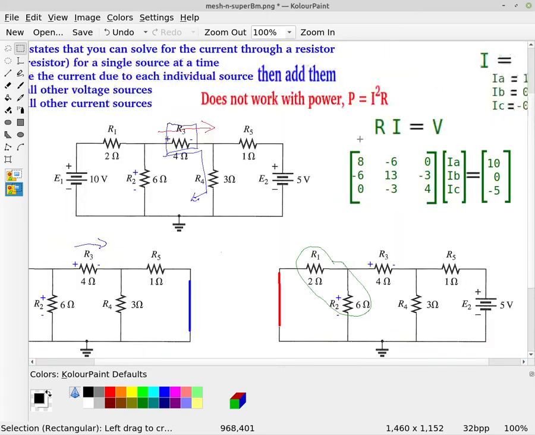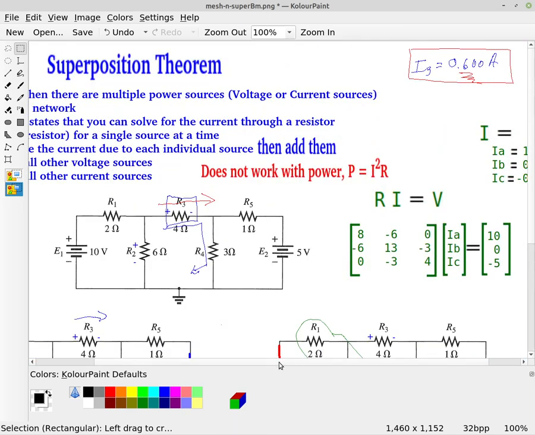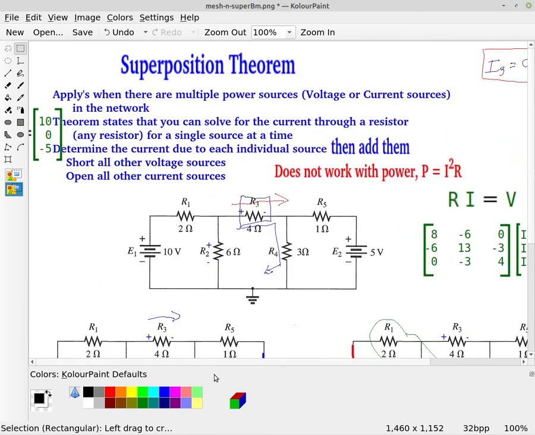So let's just review. The idea of superposition is if I've got multiple power supplies, I can take one power supply at a time, short all other voltage sources, and if I had current sources, open the current sources, and then find the current due to each individual source and simply add them.